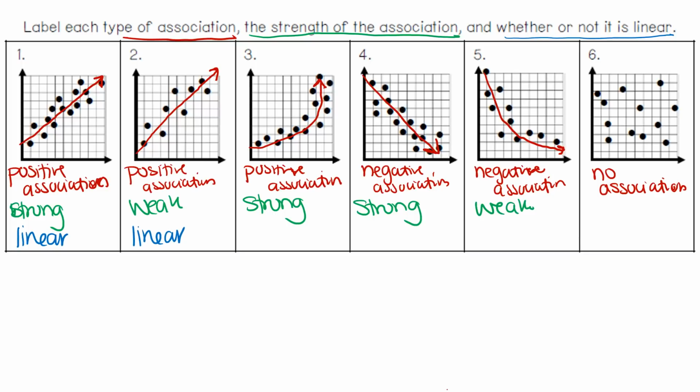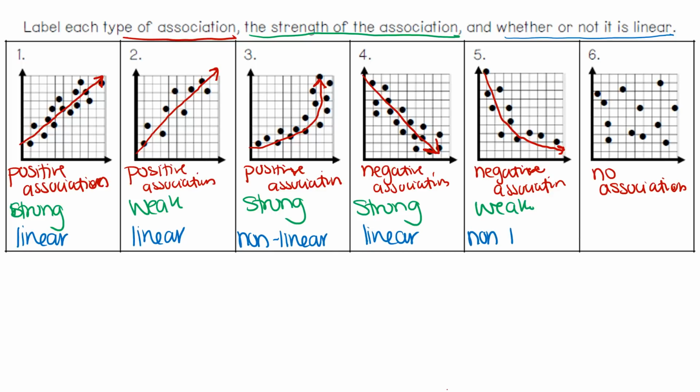Number 2 is also linear because I drew a straight line going through the middle of the points. Number 3 is nonlinear because you can see that my points start to curve towards the top of the graph. Number 4 is a linear association because the points are relatively moving in a straight line.